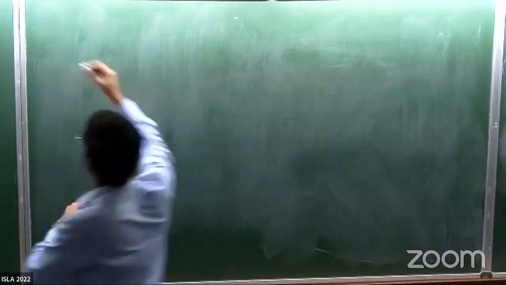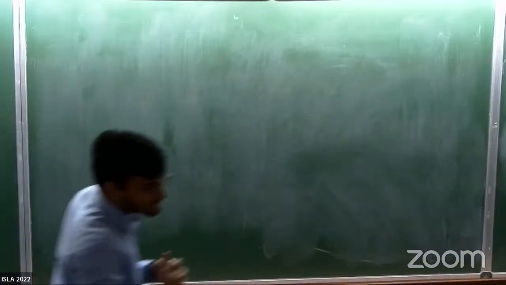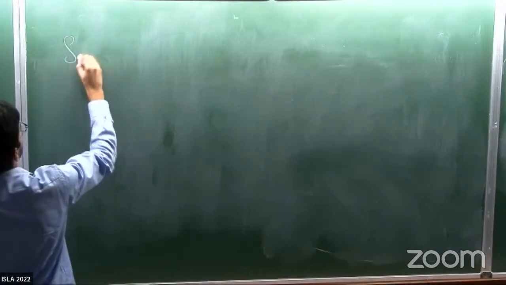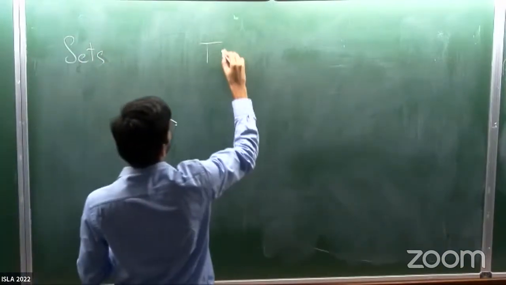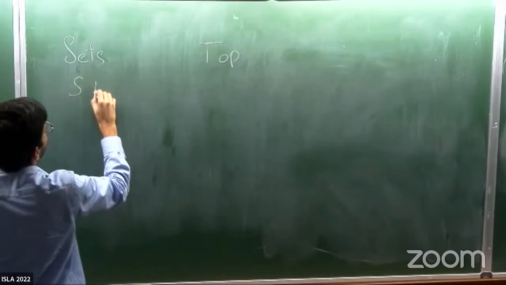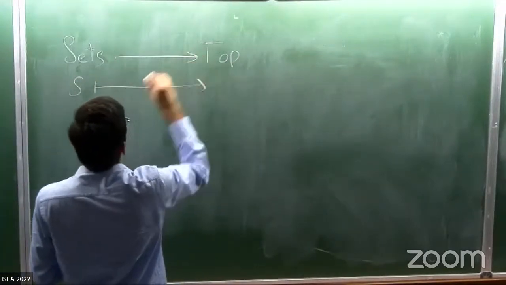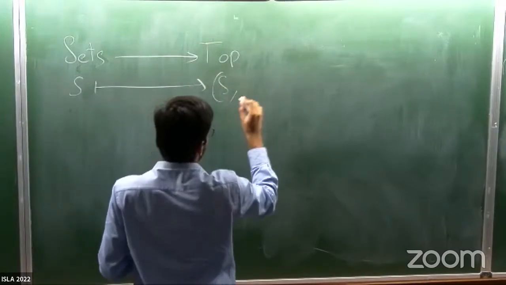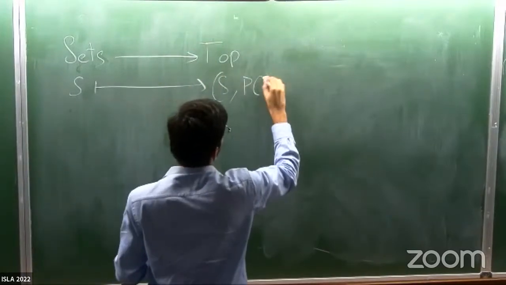And to get it started, let me begin with a motivating example. So you have seen topological spaces and sets. Let's remind ourselves of this functor, Sets to Top, which takes a set S and maps it to its discrete topology.